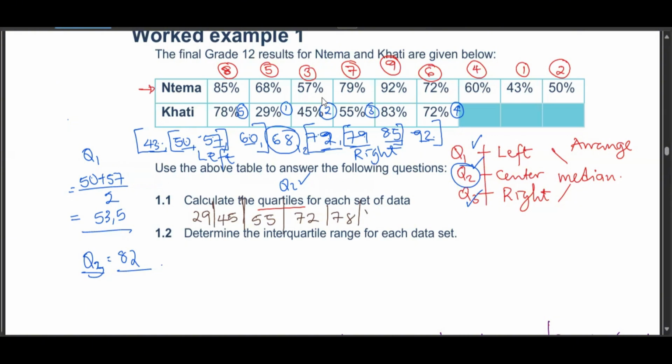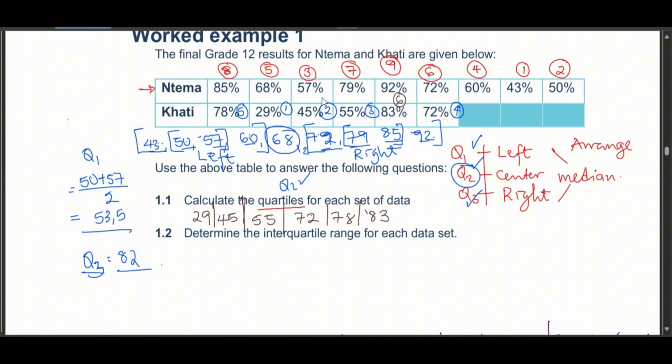So we have 1, 2, 3, 4, 5, and oh, there are 6. This one is the last one, which is number 6.